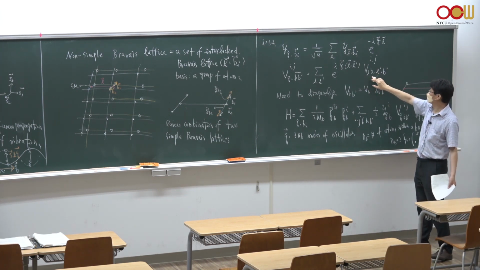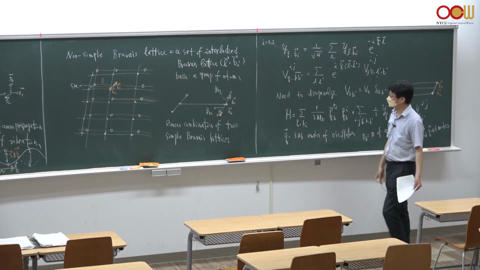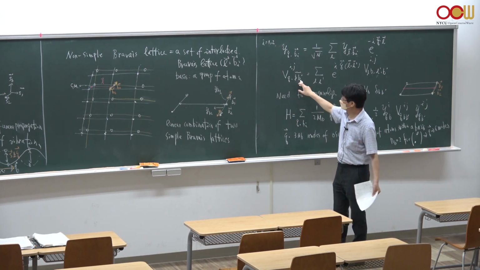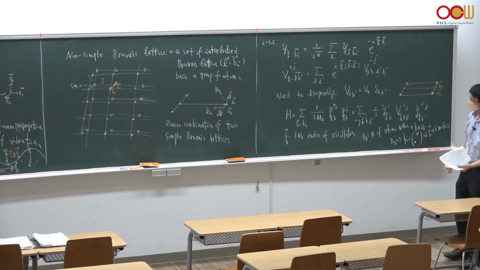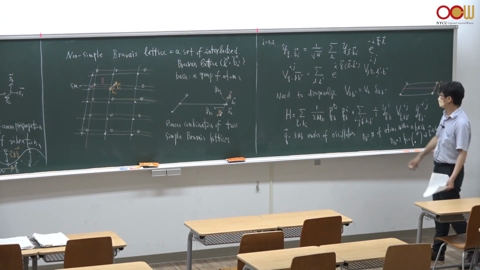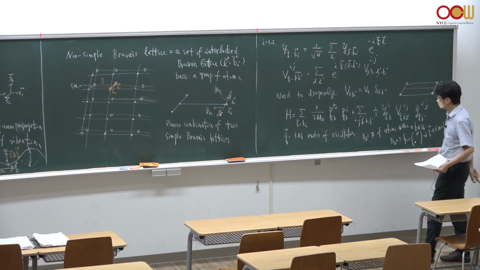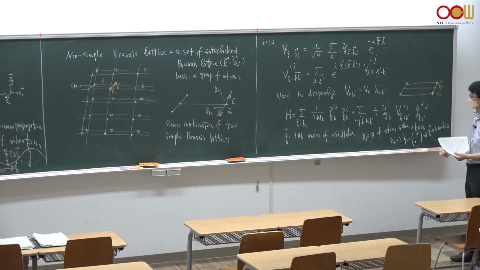It depends not only on this L and L prime, but also b and b prime, where b could be either, say, b1 or b2, so is b prime. So both normal mode variables and the matrix element of the potential term become more complicated, because we need to diagonalize the sublattice structures, say V_bb prime, in such a way that we can have diagonal eigenvalues.